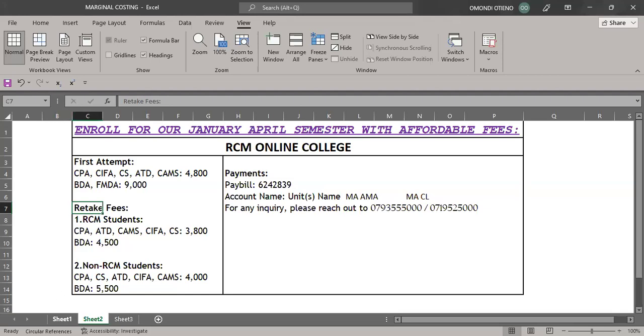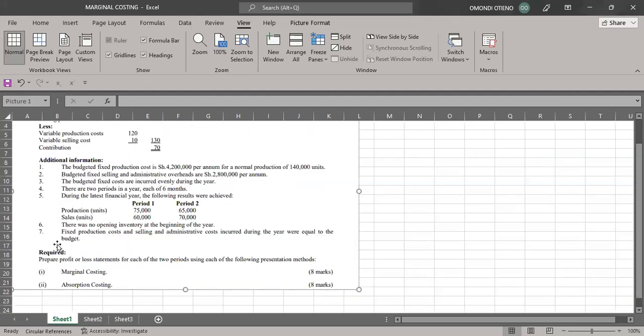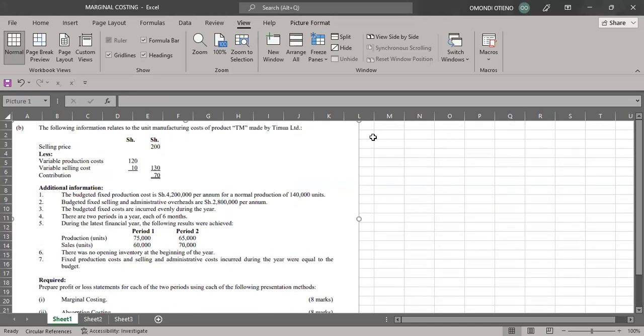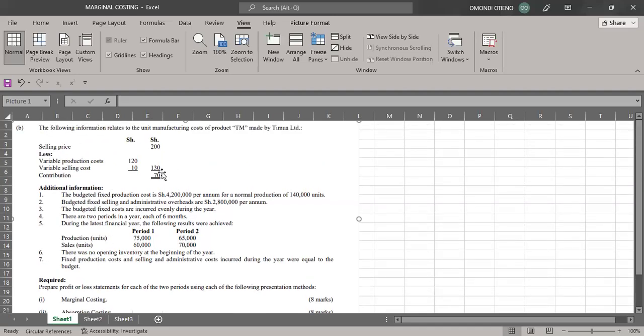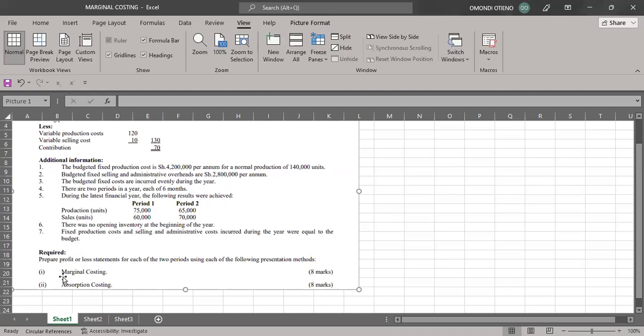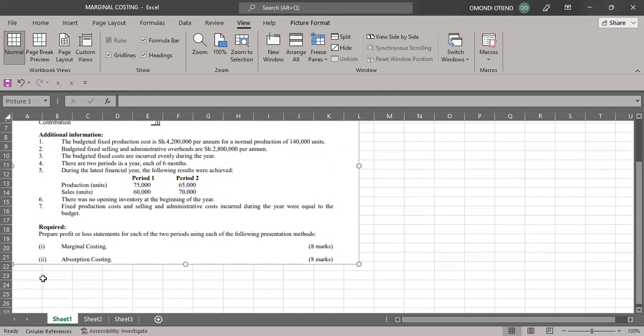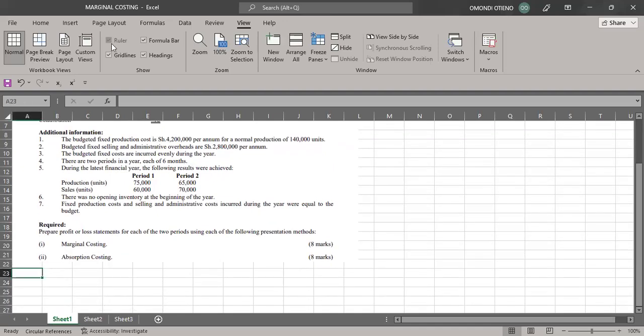So what we want to handle today is marginal and absorption costing concept. You are required to come up with a marginal costing income statement and an absorption costing income statement. And given that we are using the same data to prepare the statement under two different methods, it means number 3, you are supposed to prepare what we call a reconciliation statement, right?